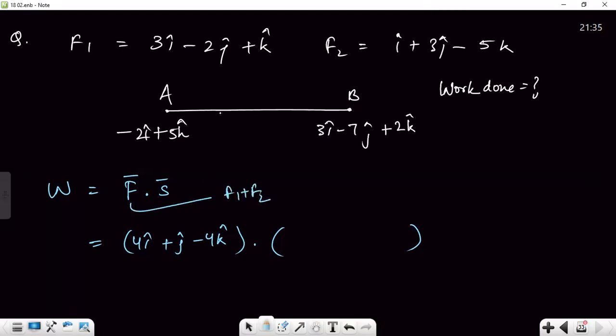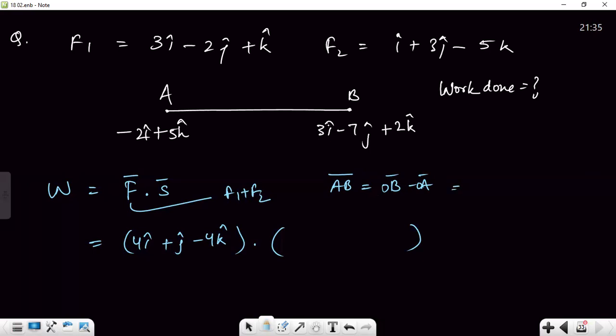Now the displacement will not be added. How will we find the AB vector? Can anyone tell me? We'll subtract the OA vector from the OB vector.